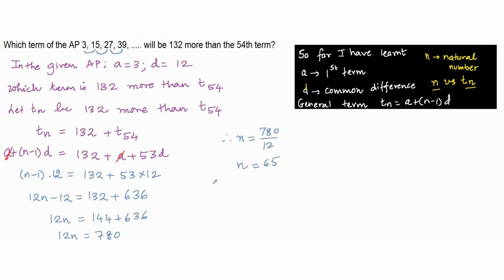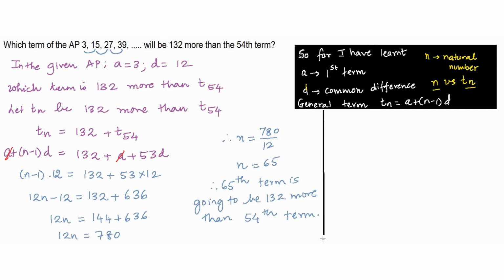Therefore the 65th term is going to be 132 more than the 54th term. Now the second option is I can first find the 54th term. So let us solve this question by another method. Let us first find T54.